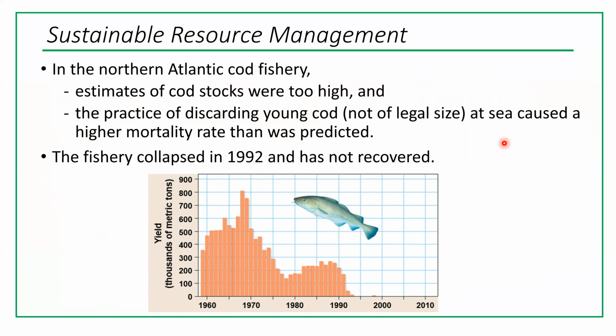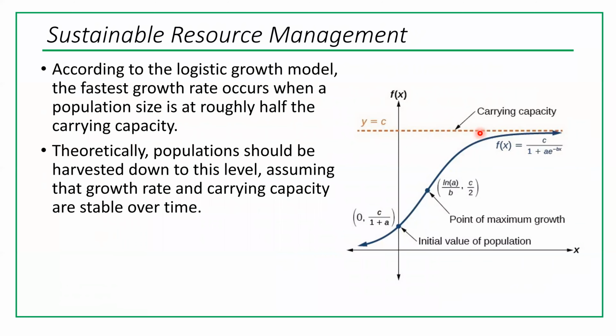It was such a high mortality rate that the fishery collapsed in 1992 and has not recovered since. So that's what happened when, going back over here, they were harvested way below this point of maximum growth.